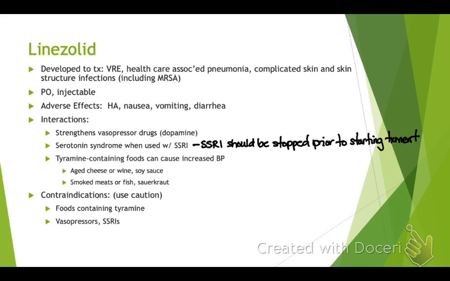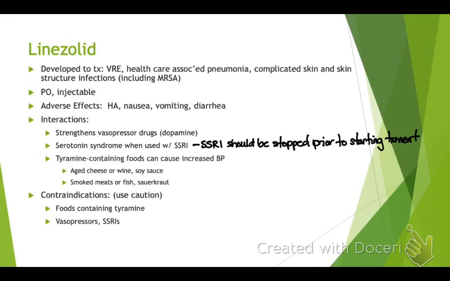Interactions that you need to look for: it strengthens vasopressor drugs, dopamine being an example of that. It can cause serotonin syndrome when it's used with SSRIs. SSRIs should be stopped prior to starting treatment with linezolid.